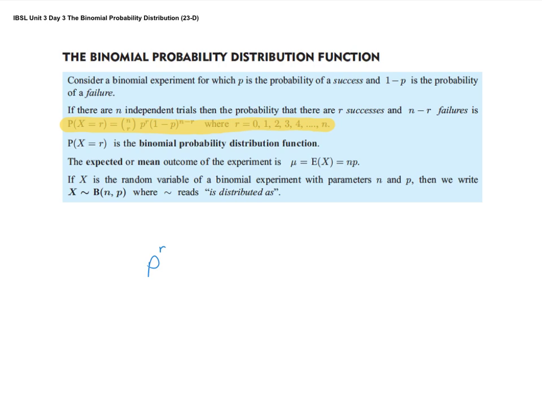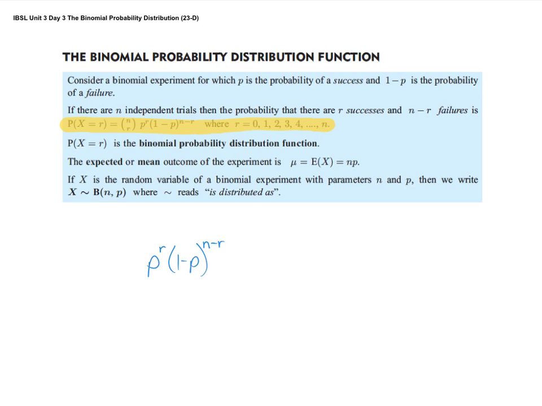But if we have that many successes, we're going to have the rest of them be failures. Now there's a total of n, so if our probability of failure is 1 minus p, then n minus the r successes will give us the number of failures.